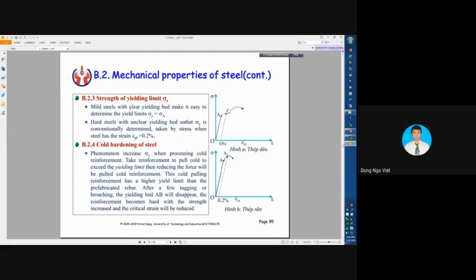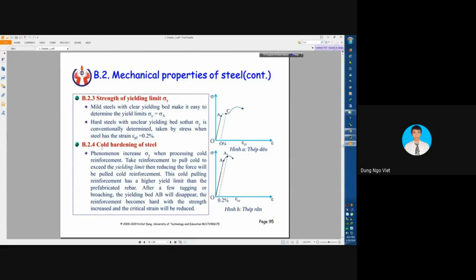For the mild steel, with a clear yielding bed, it's easy to determine the yield limit sigma y, since usually sigma y is equal to sigma A, the stress of point A. However, for the hot steel, with an unclear yielding bed, sigma y is conventionally determined, and it is taken as the stress when the steel has the strain epsilon PL equal to 0.2%. This is the strength of yielding limits.